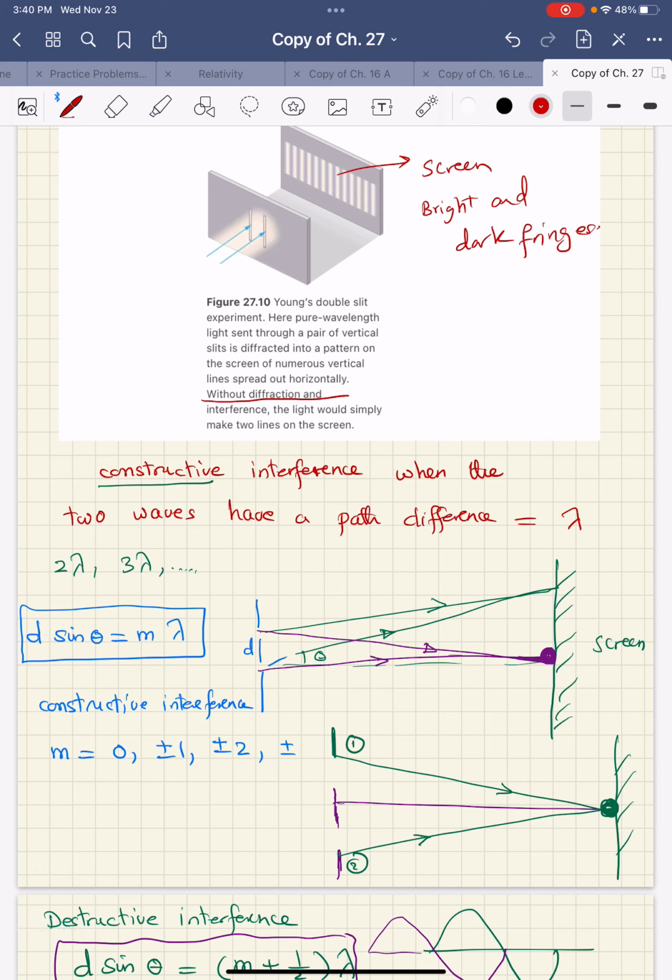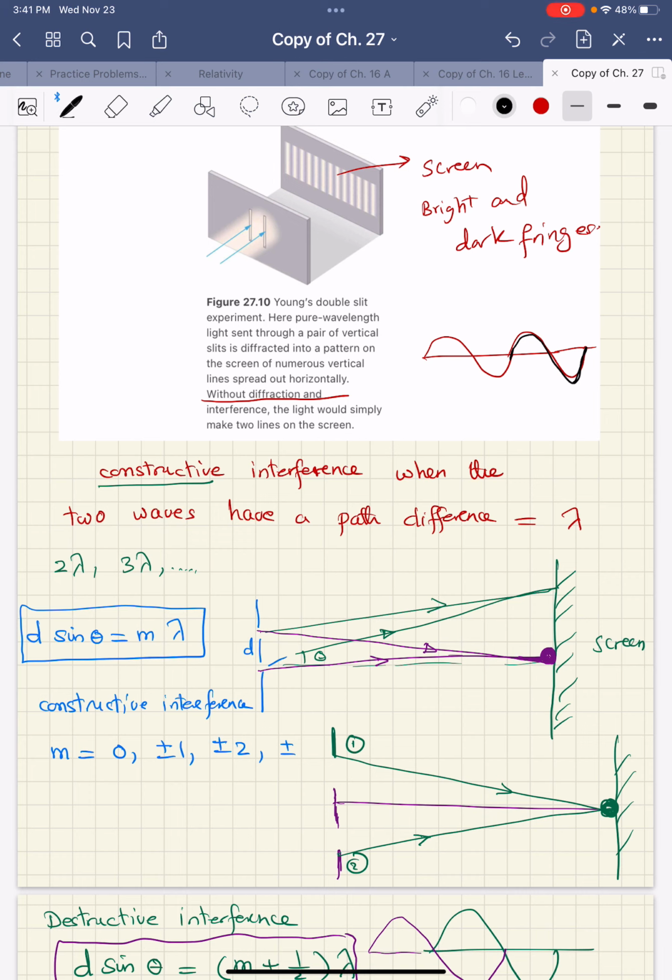We know that based on the path taken by the light, we are going to have either constructive interference or destructive interference. For constructive interference, we have two waves with a path difference of lambda, or 2 lambdas, or 3 lambdas. One of them might come like this and the other one comes, and let me continue with the red, and then the black here starts.